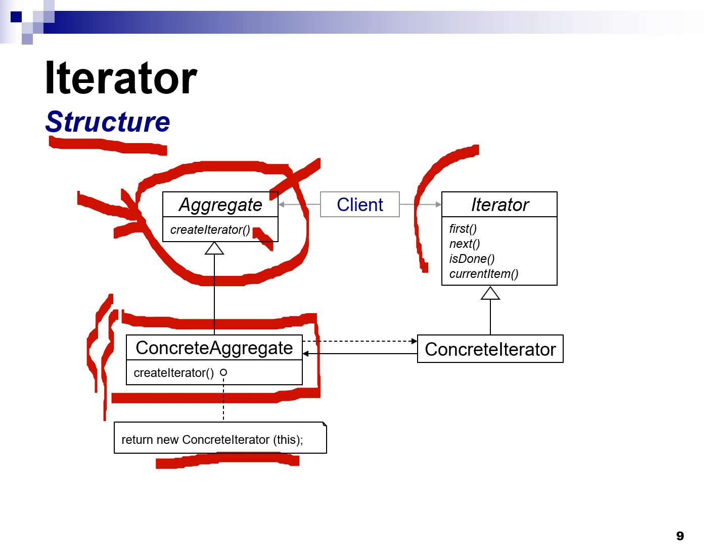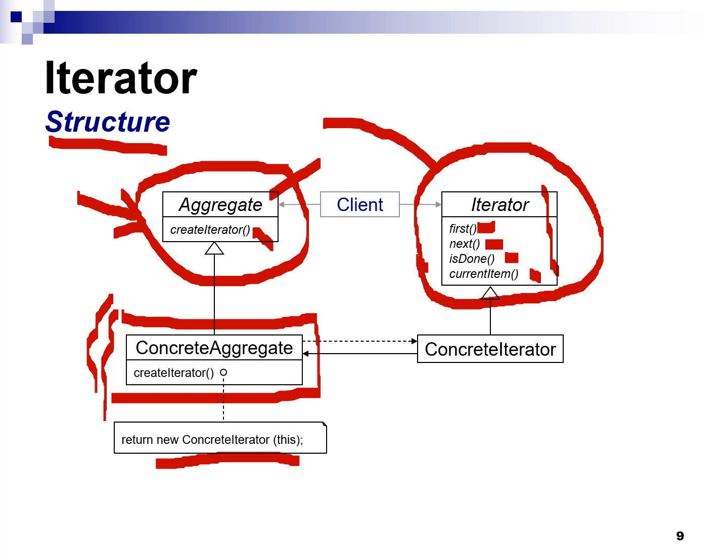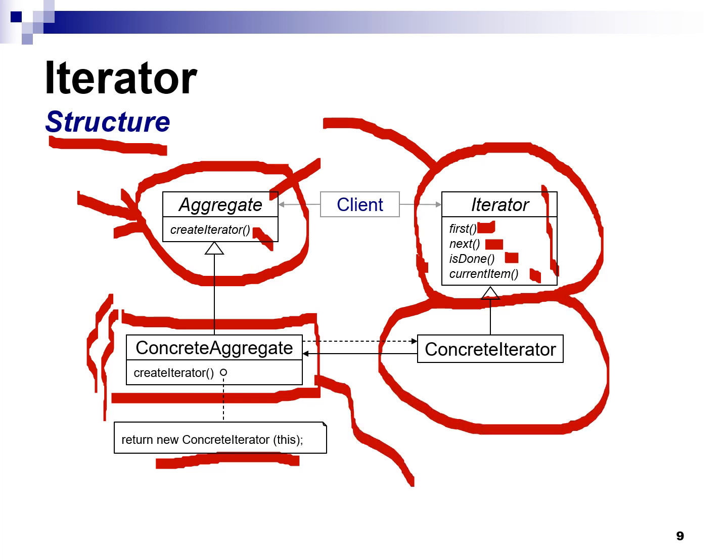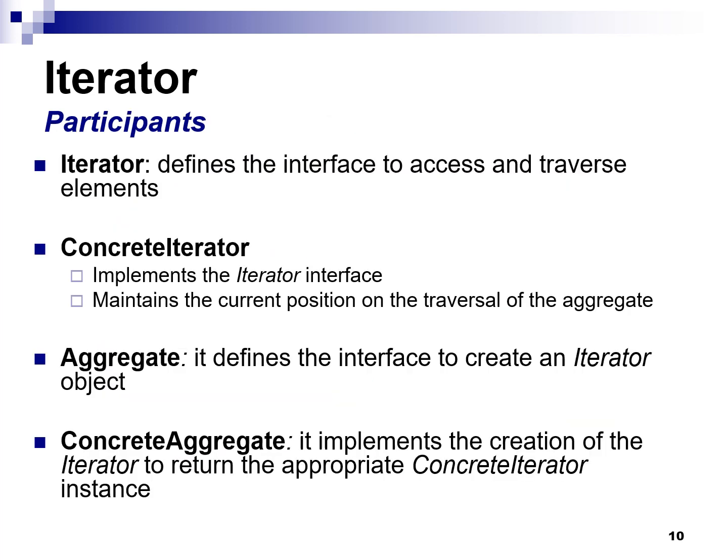The idea is that each concrete iterator will conform to this interface here, whose name is iterator, and will provide methods to traverse the given aggregate. Then we will have different types of iterators to traverse different types of concrete aggregates or to implement different traversal strategies.